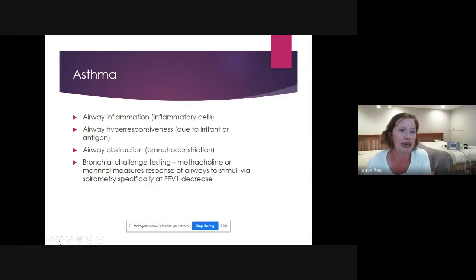Okay, asthma. The pathophysiology is airway inflammation from inflammatory cells, airway hyperresponsiveness due to irritants or antigens, and then airway obstruction due to bronchoconstriction. So once again, that bronchial challenge testing, so giving methacholine or mannitol, will measure the response of the airways to stimuli via spirometry, specifically looking at that FEV1 decrease.